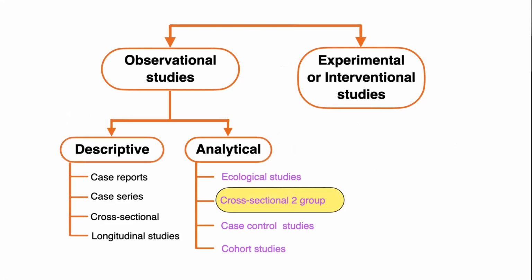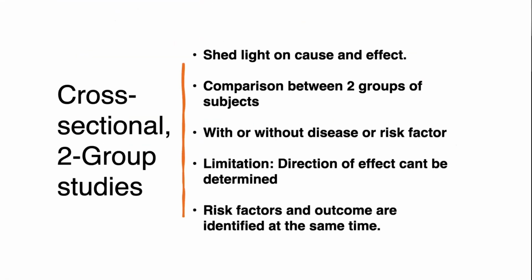Next come cross-sectional two-group studies, which shed light on cause and effect. Now we know that there is a cause and there is an effect. You can draw some conclusions towards cause and effect, and you can divide subjects into two groups, with and without the disease, and study the risk factors.